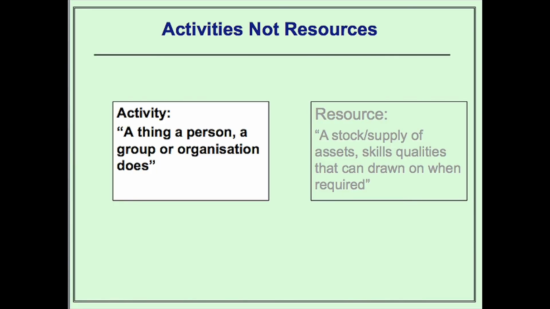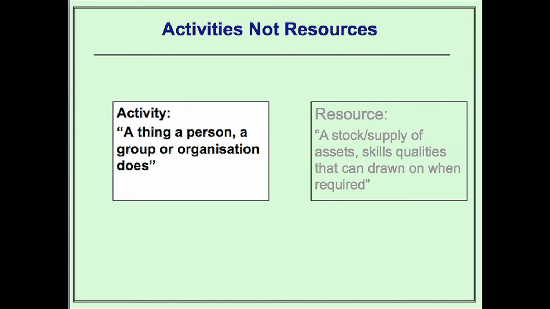So in total, no benefit is gained from the resources. For Porter, the source of competitive advantage is activities. It's the things that a person or a group or the organisation does with those resources. So it's what you do with the resources and the way you do it that's important, not having the resource itself.